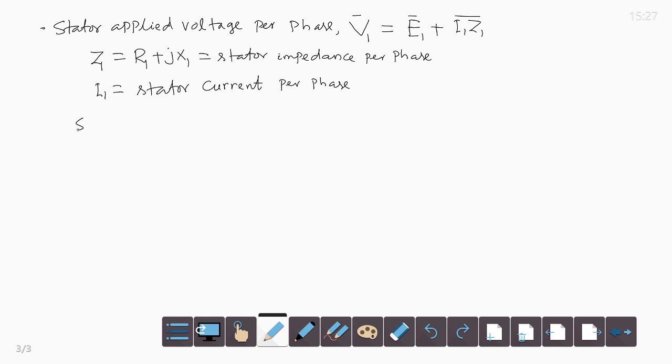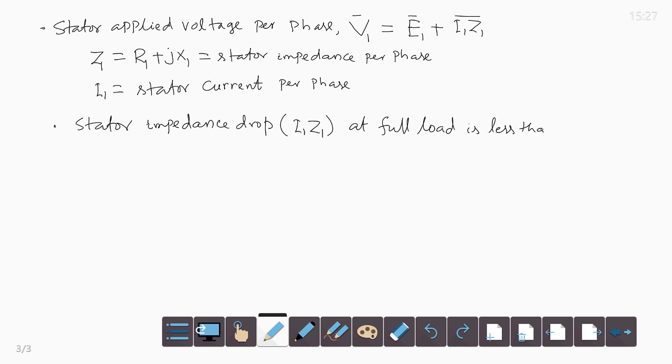So stator impedance drop, which is I1 Z1, at full load is less than 10% of the rated voltage.